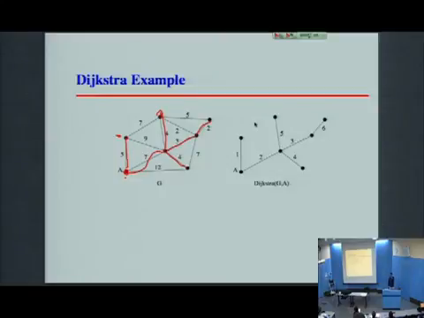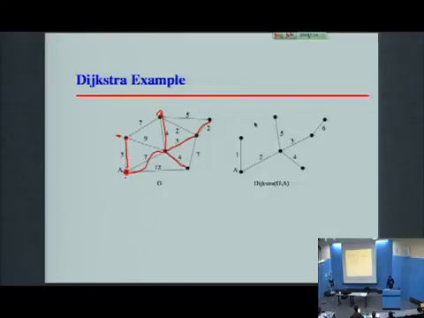Do you see that we are doing almost exactly what Prim's is doing? We are in each round adding a new vertex to a tree. The big difference is that the criterion is that we add the next vertex such that the total cost of getting to that vertex is minimized.